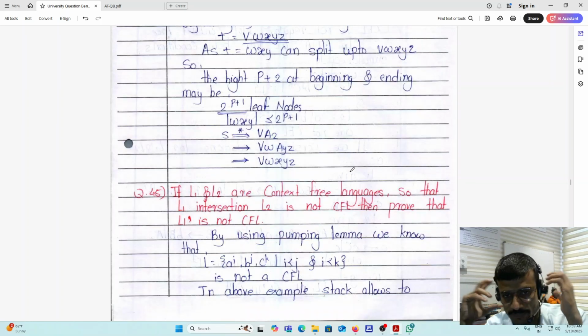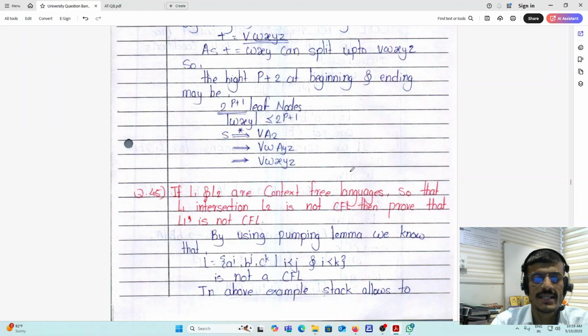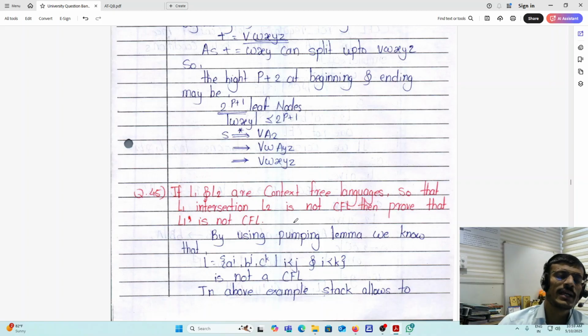Now take the next example. If L1 and L2 are context-free languages such that L1 intersection L2 is not CFL, then prove that L1 complement is not CFL. Basically, two context-free languages L1 and L2 are given, and we have to prove that L1 intersection L2 is not context-free.